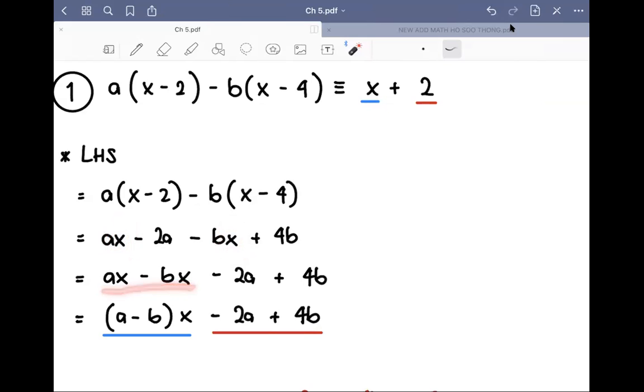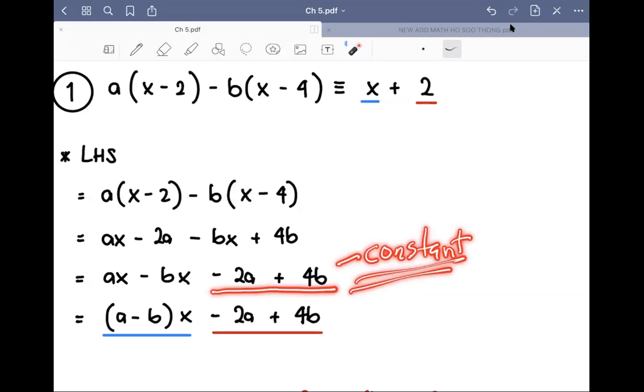And then what happens with this? Minus 2a and 4b. So you also put them at the last part of the expression. Why is that so? Do they have x or even x squareds? No, right? They don't have x or x squareds. Now, if that's the case, that means that this is your constant.